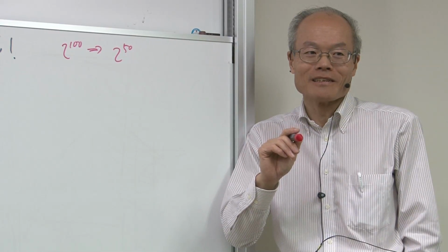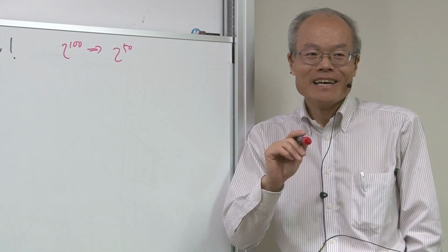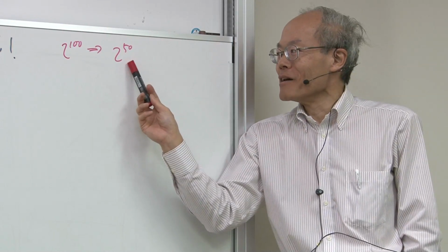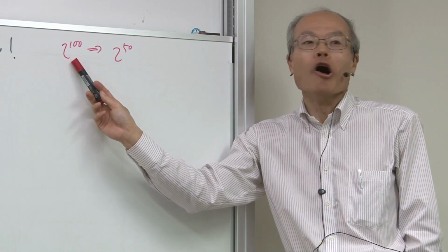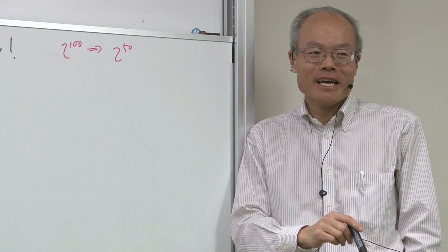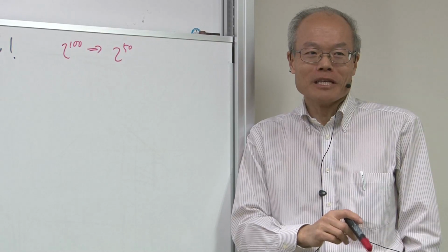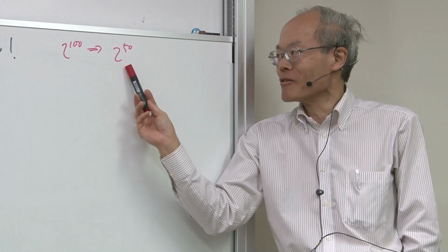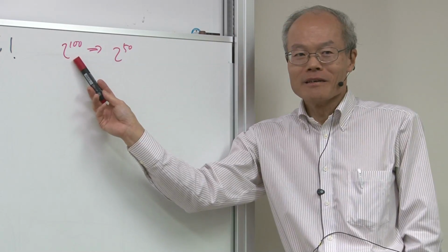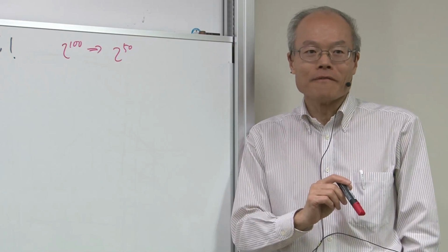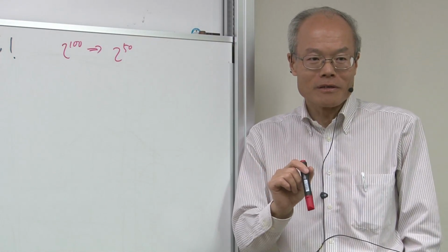This is smaller than that value by a factor of 2 to the 50. It's not a factor of 2. Some high school students may think this number is half of that number. No. Please don't make such a mistake. This number is not half of that. It is smaller by a factor of 2 to the 50. Much smaller.